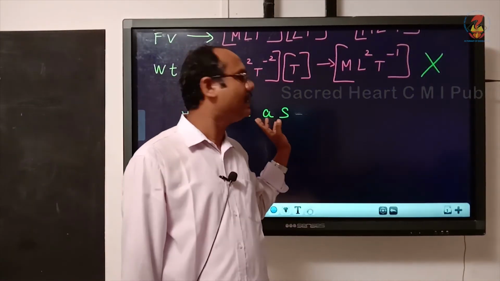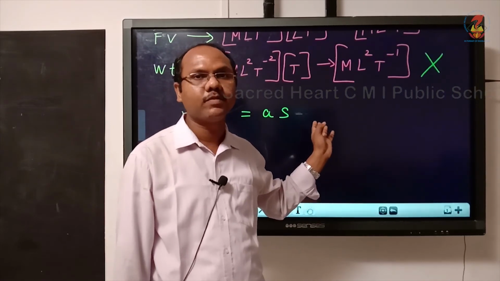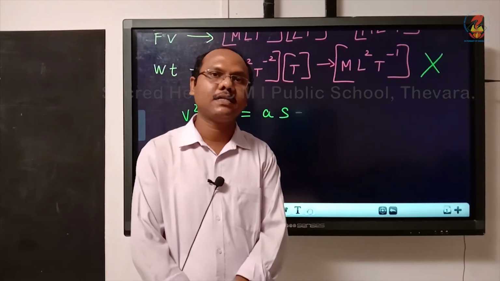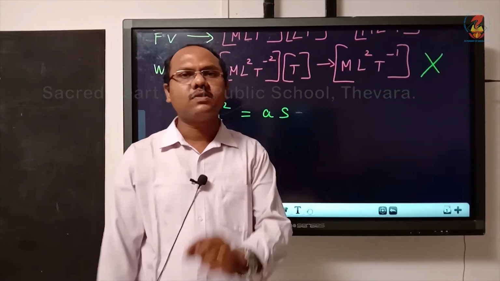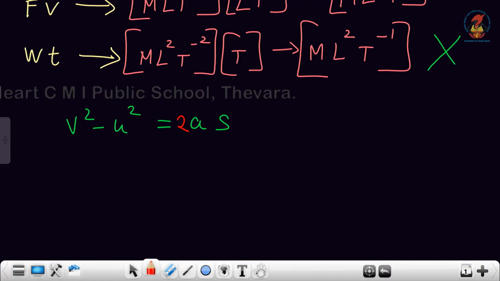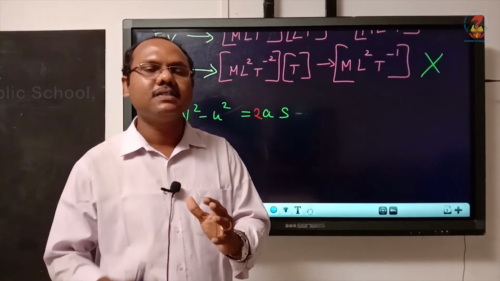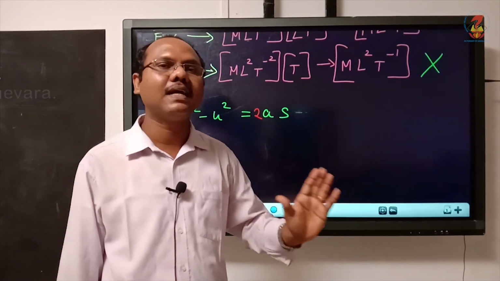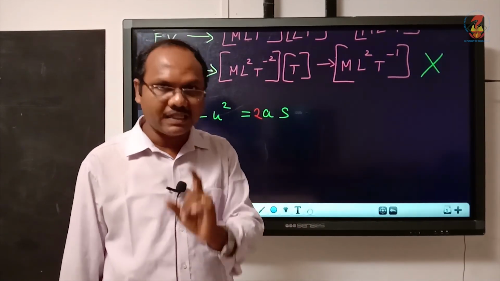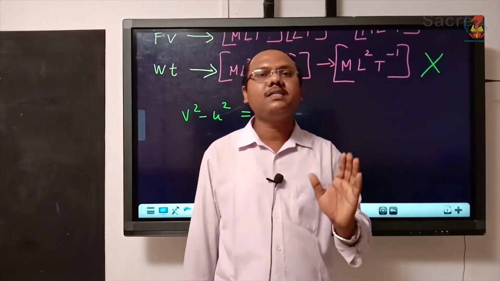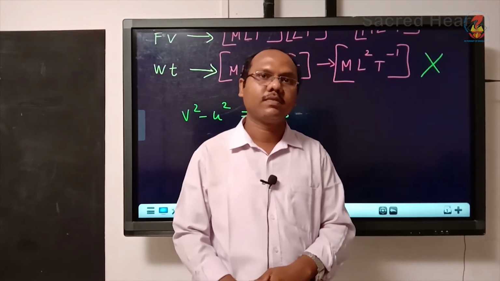But if I check the dimension of this equation, you will find it is dimensionally correct, but a constant value, that is 2, is missing here. So if one equation is dimensionally correct, when we multiply or divide with a constant, we will get the correct equation. But if one equation is dimensionally wrong, you can't make that equation correct again.